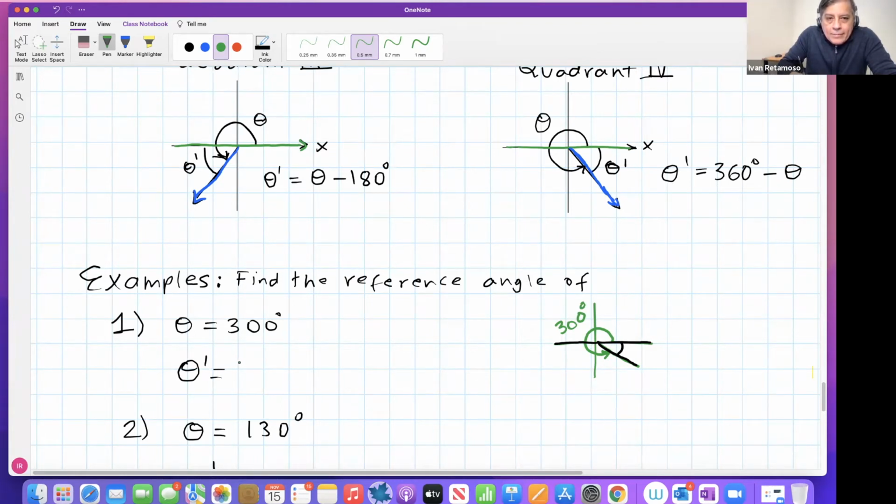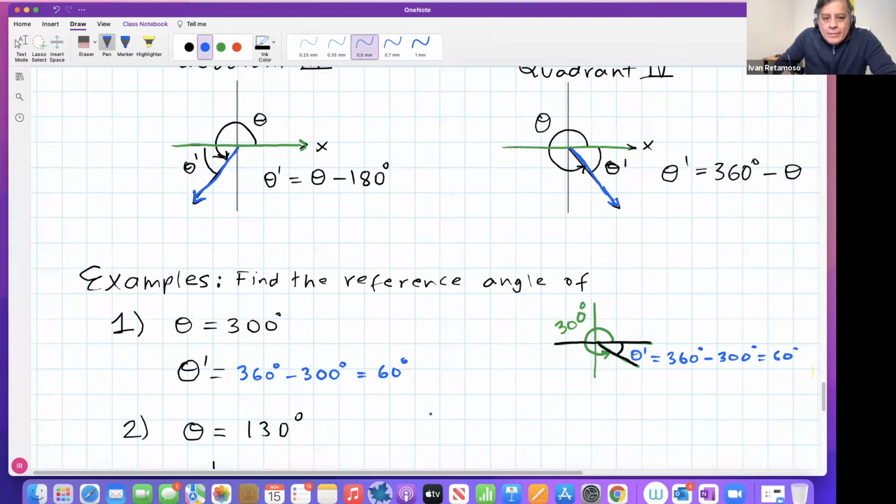So this will be 360 degrees minus 300 degrees, and that is 60 degrees, right? Follow, guys? 60 degrees. That's your reference angle, theta prime. All right, great. So this is theta prime, 360 degrees minus the given angle, 60 degrees.